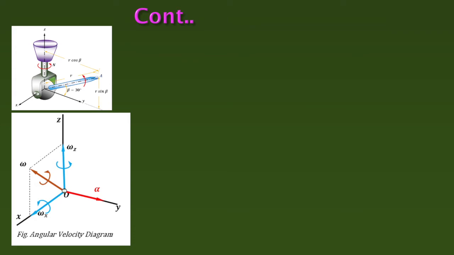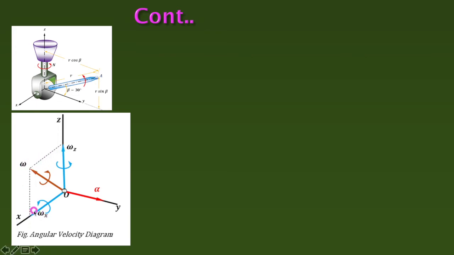Now let us draw the angular velocity diagram. This is the velocity direction of omega z, this is omega x. These two angular velocities are there. Now the resultant of these two angular velocities can be obtained by the parallelogram law.